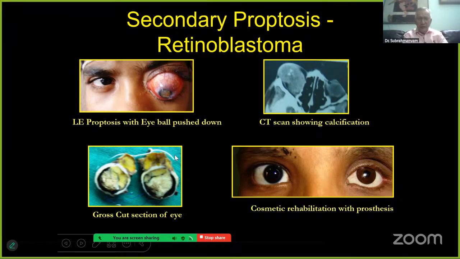We do enucleate beyond, we don't do a total exenteration. And this is the intraocular mass and the orbital extension of the mass which has been removed. Then he continued under 3 cycles of chemo, and that's how the patient has been rehabilitated with a prosthesis.